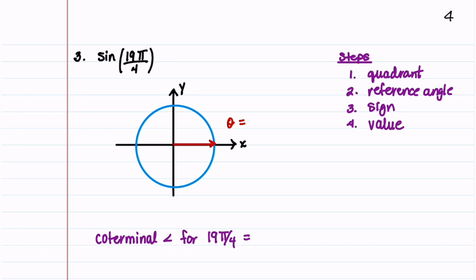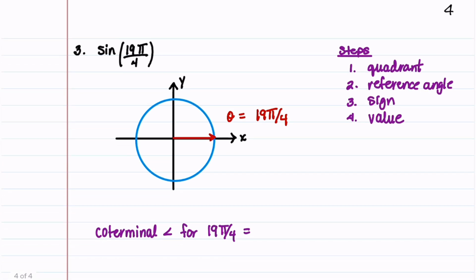In this example, theta is equal to 19 pi over 4. That is greater than 2 pi, so we have to do a step before we start into steps 1 through 4. And that extra step is we need to find the coterminal angle for theta is equal to 19 pi over 4. I also have a video on this if you need to review coterminal angles.